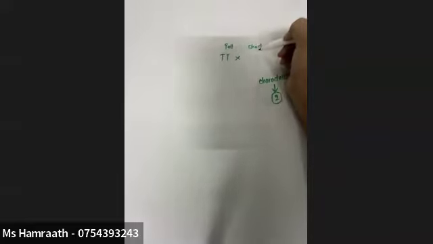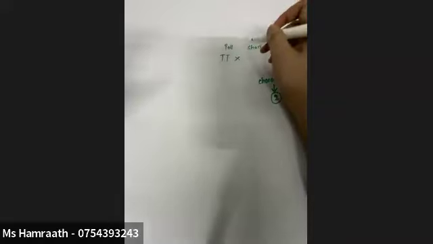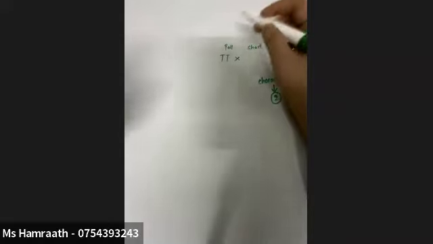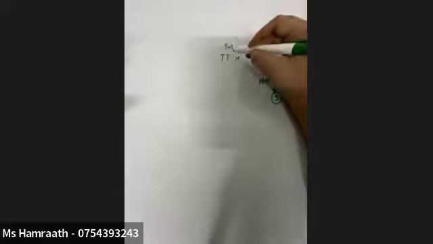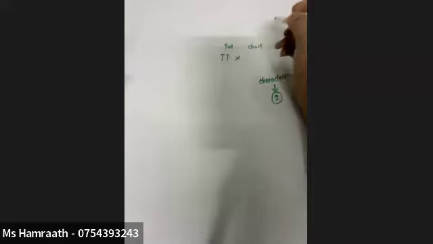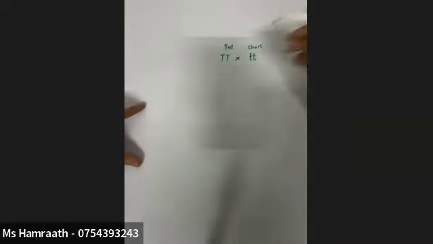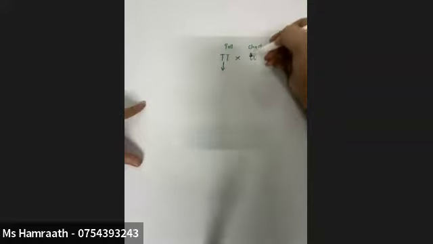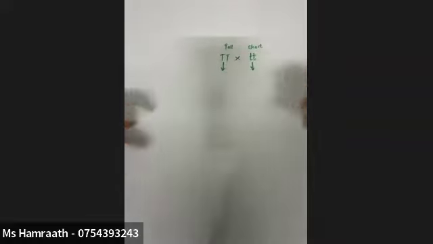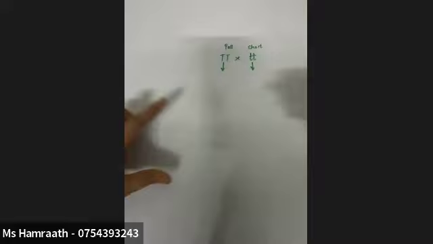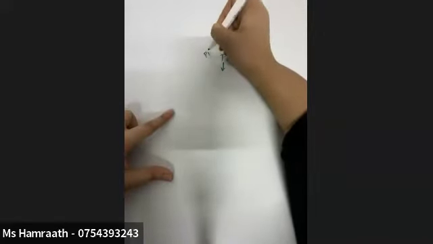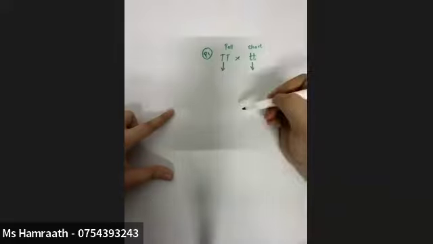So you already know that the tall plant is dominant, which I have chosen as capital T. Now the short plant, I'm going to write as simple t. Now capital T and simple t are going to undergo cross-pollination. Tell me, what gametes are produced by the tall plant and the short plant? This is going to be parent one.